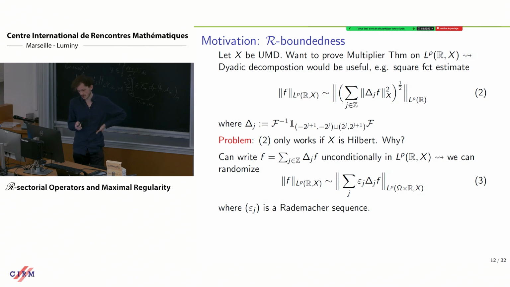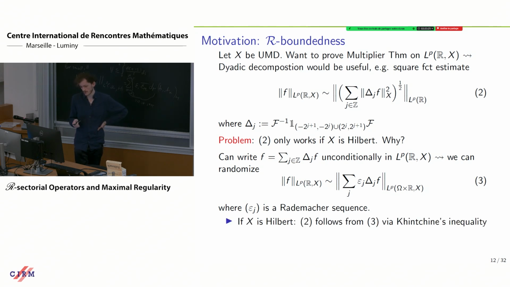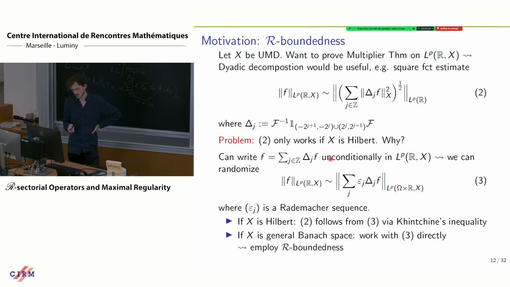This will be shown later on, so if you don't follow the details now, don't worry. We can write f like this, and then randomize it in the following way. And then by Khinchin, this would imply 2 automatically if X is a Hilbert space. But in 3, in the general UMD case, we will work with this directly to prove a multiplier theorem.